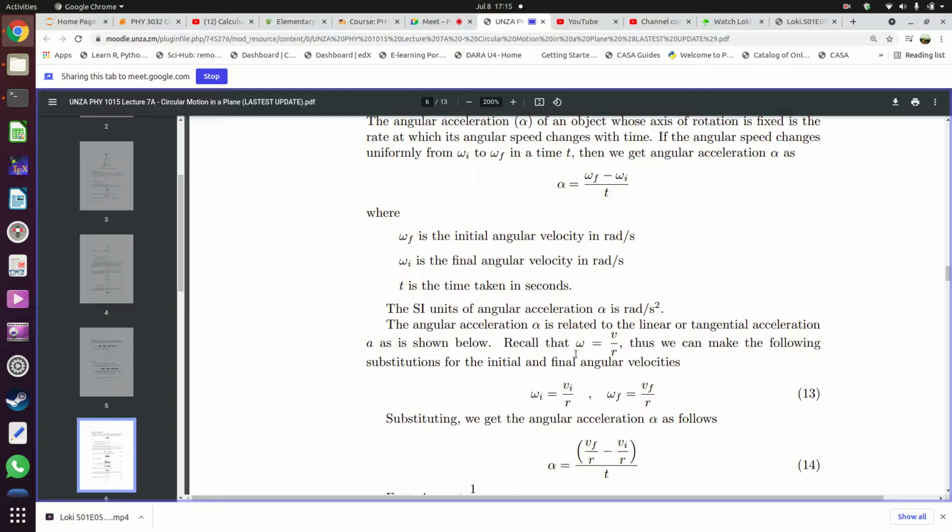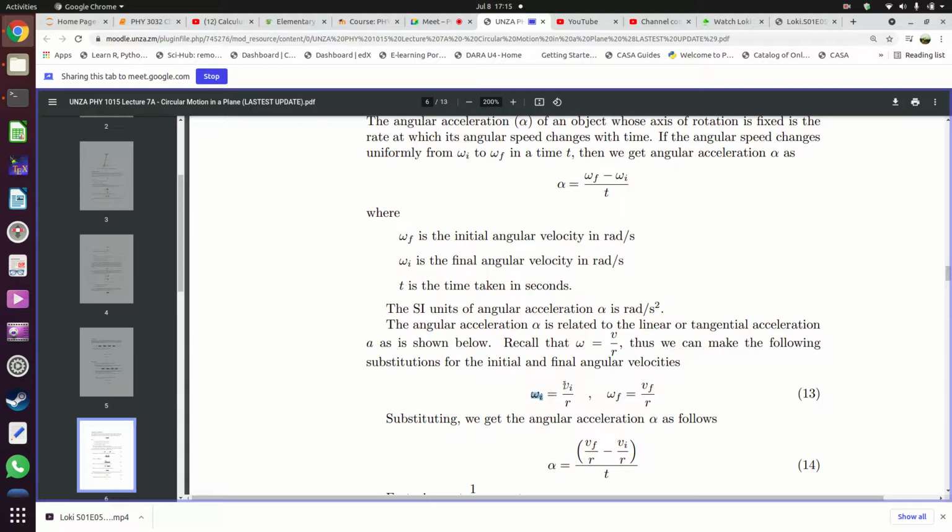Now we know the relationship between our angular velocity and the linear velocity: omega is equal to v divided by r. So this relationship is known. We can write our final and initial angular velocities in terms of final and initial velocities as follows.